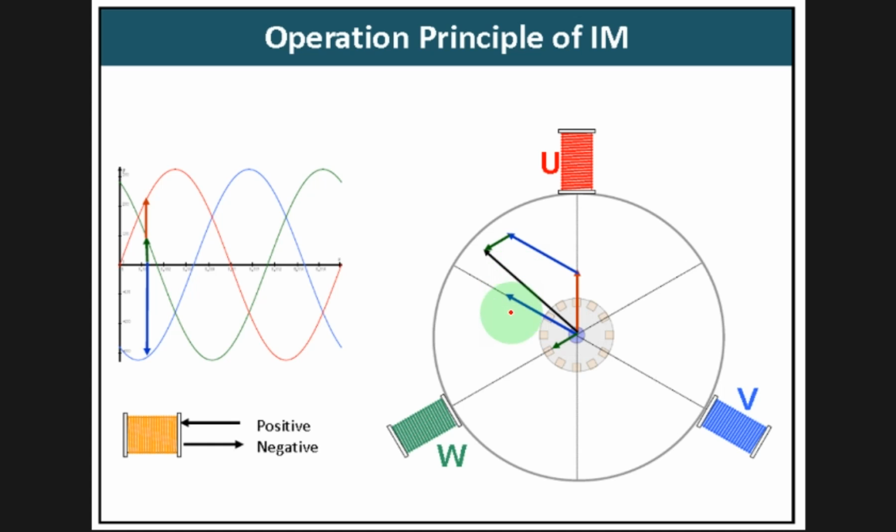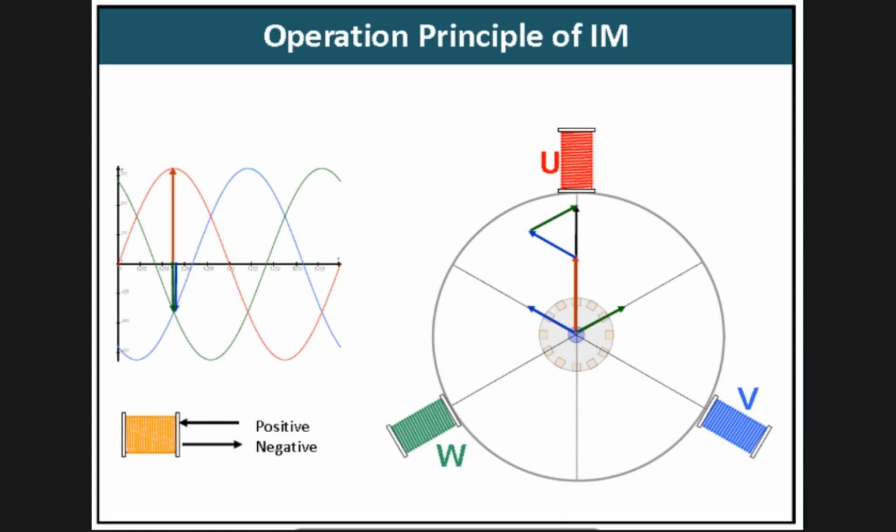Then if we look at another point, where the green one is also negative and only the red one is positive, the green one and blue one are equal in magnitude, but both are negative, therefore going outward from the coil.